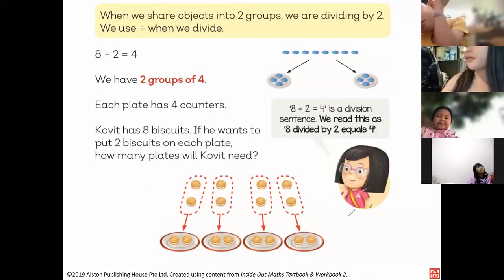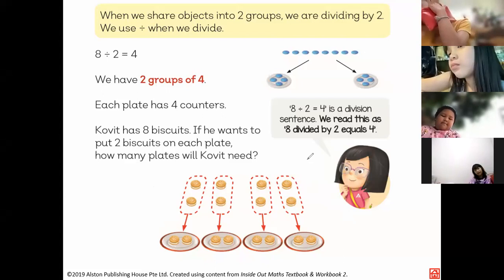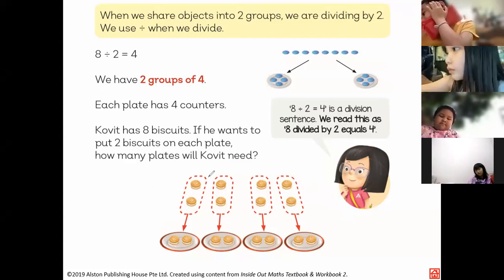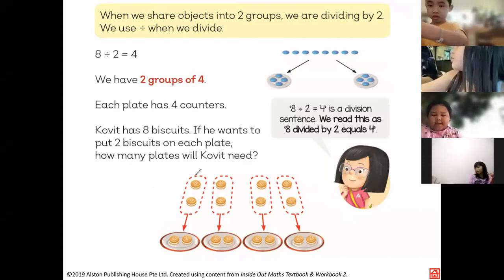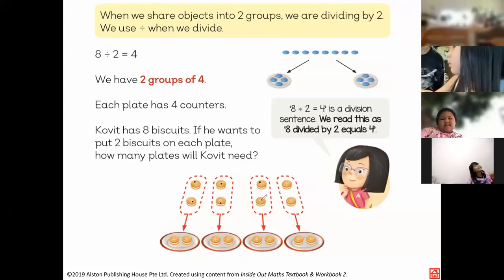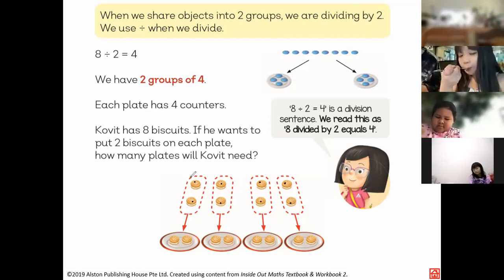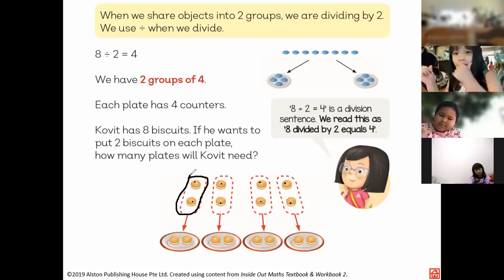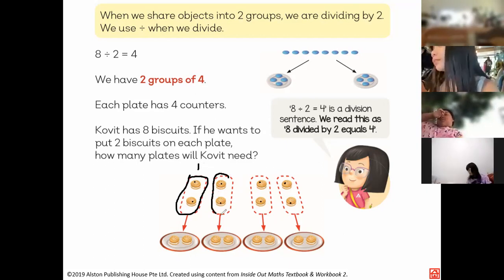So first we have to divide 8 biscuits by 4, so he can get 2 biscuits in each plate. So 1, 2, 3, 4, 5, 6, 7, and 8. So there are 8 biscuits. And then he wants to have 2 on each plate. So this is the first group, and then the second 2, or the second group.